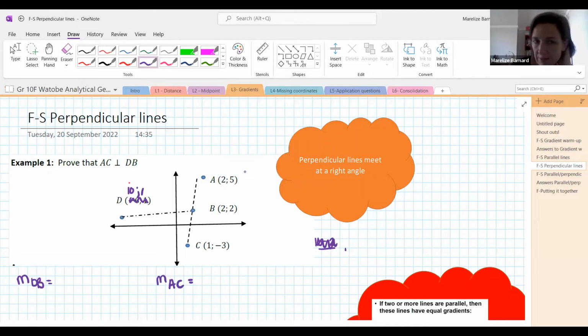Right, guys, so we just made a correction there with the coordinates for D. D is 10 and 1, and B is 2 and 2. So just calculate DB again if you've done so already. But I see some people are doing AC first, so hopefully no one's gotten to DB yet.